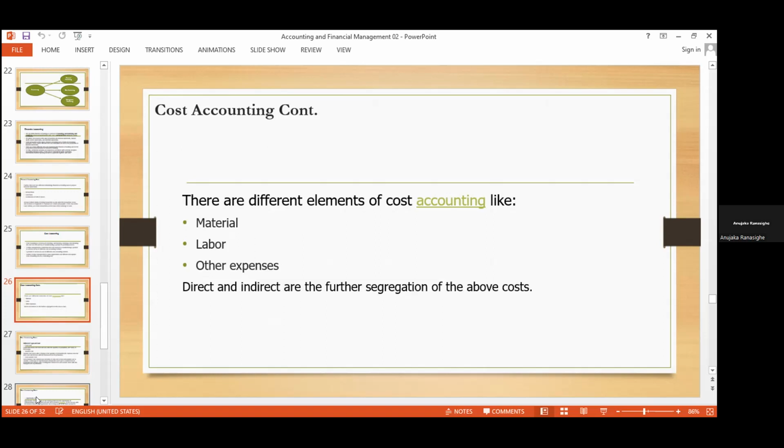There are different elements of cost accounting: material, labor, and other expenses. Direct and indirect are the further segregation of the above costs.